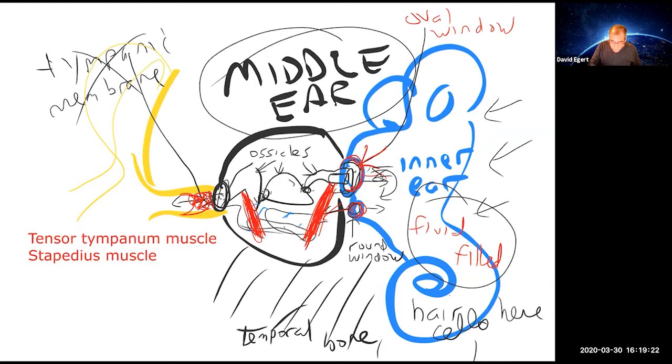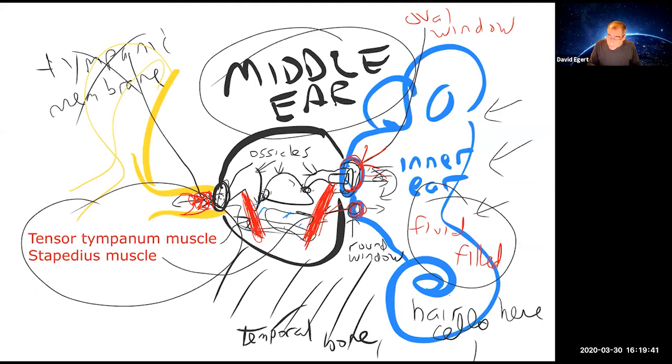can actually tense up if your body wants to reduce the amount of energy that's getting transmitted to the inner ear. So if there's really loud sounds, these muscles will tense up, and it's a way of protecting the little hair cells so you don't overstimulate them.